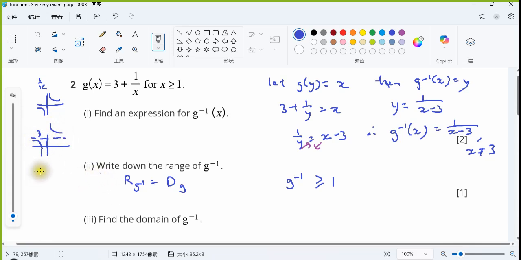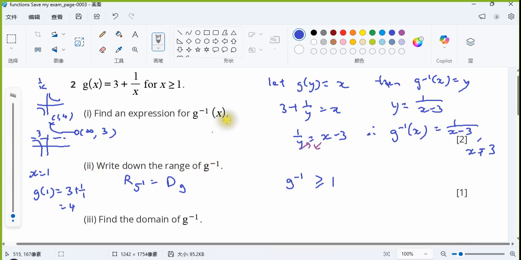When x equal to 1, g(1) is 3 + 1/1, which is 4. So we have 1, 4 here, and then go to infinity, the graph doesn't touch 3.